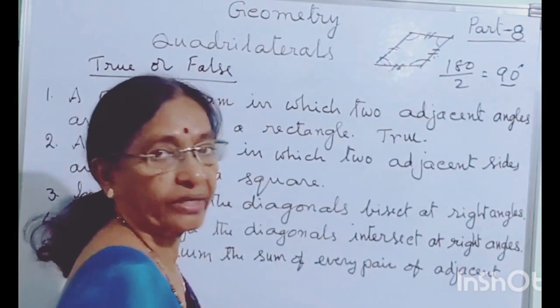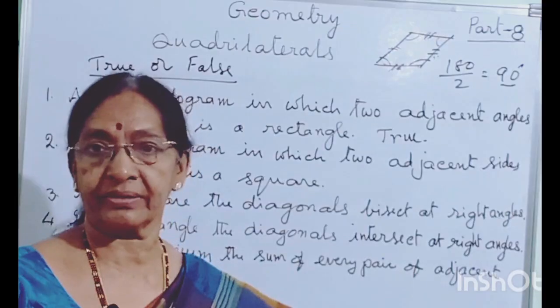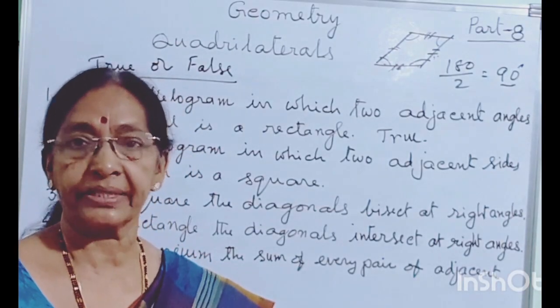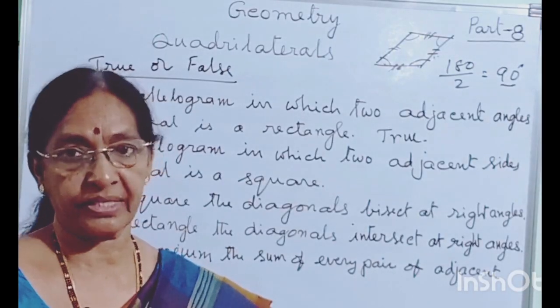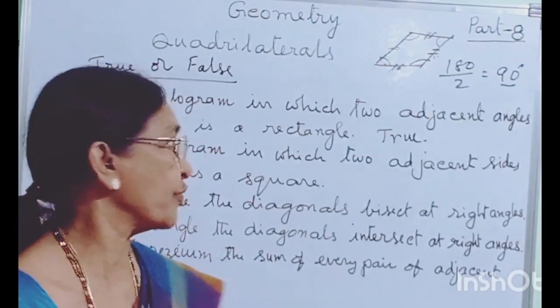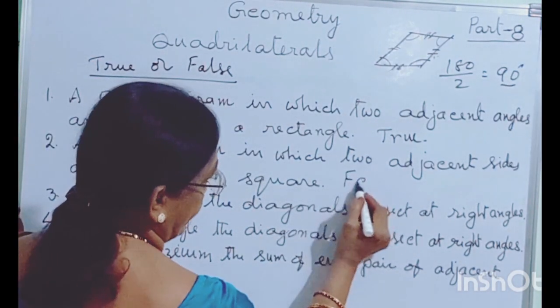Therefore, four sides are equal. But the angles are not equal to 90 degrees. Therefore, it is not a square, but it is a rhombus. So, in a parallelogram, if two adjacent sides are equal, it is a rhombus. It is not a square. Therefore, the second statement is false.